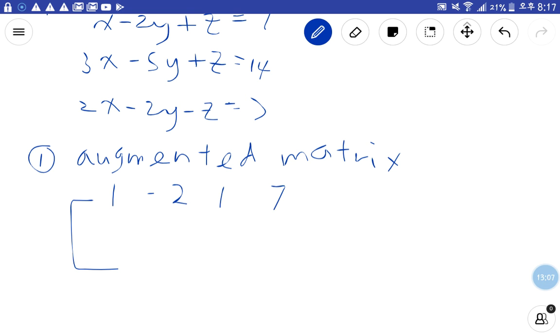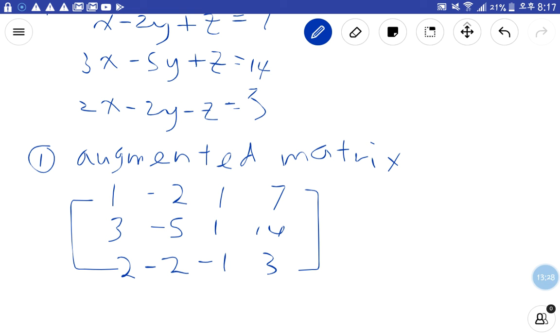You just bring down all the numbers without letters. And then 3, -5, 1, 14, and 2, -2, -1, and 3. That's what we call the augmented matrix.